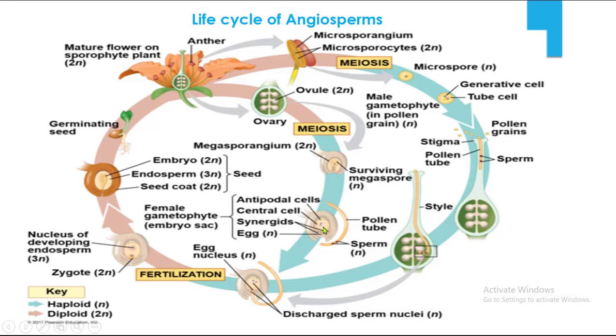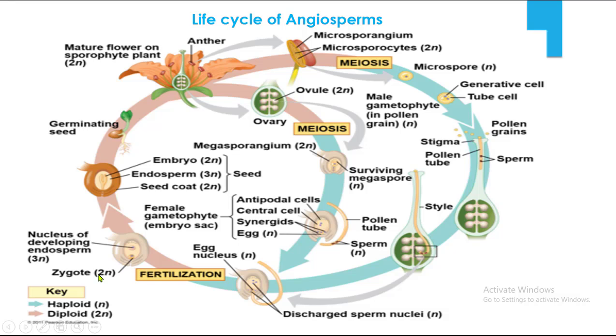Inside the embryo sac, this megaspore undergoes 3 mitotic divisions and produces 8 cells: 3 antipodal cells, 2 central cells, 2 synergids and 1 egg. So of the two sperms that reach the ovule, one is going to fertilize the egg and produce the zygote.